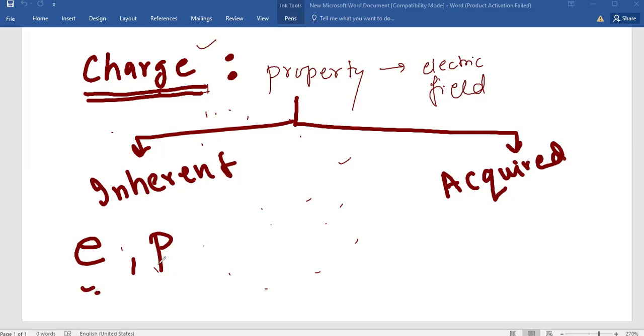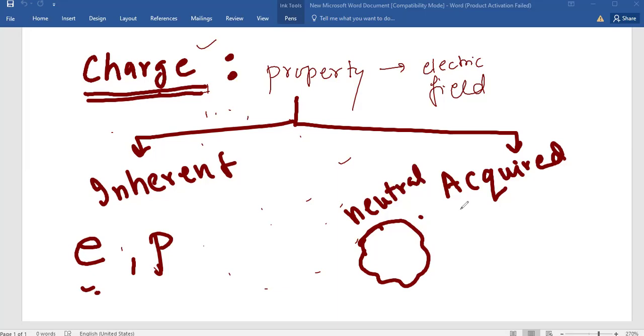By the time they come into existence, they have this charge. So we will say that electron and proton have inherent charge, whereas most of the objects are neutral by birth. They are neutral by birth, but we will do something to charge them.